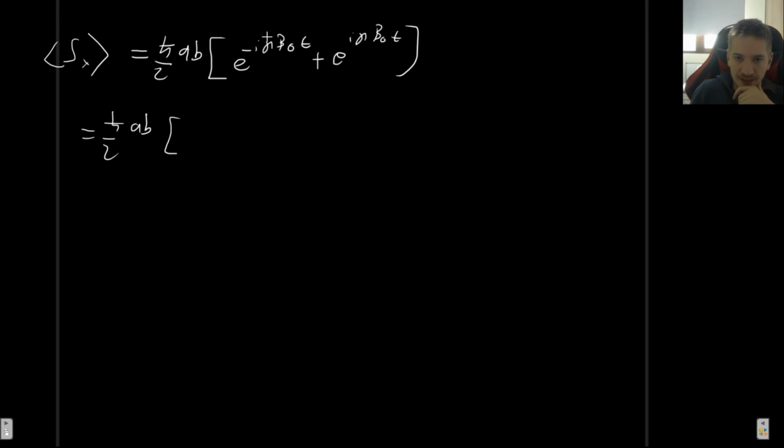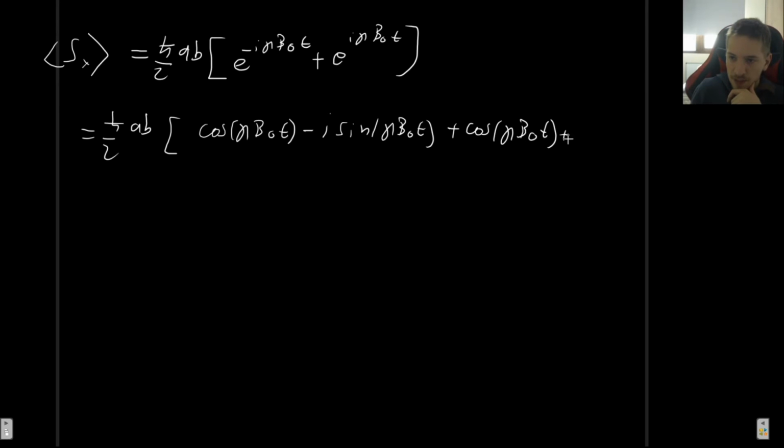So what it says is that, let's go for each exponential, this is simply the cosine of γB₀t, since it's an even function, so the minus sign goes away. And since sine is odd, we can put the minus sign outside, and we get minus i sine of γB₀t. For the second one, we get plus cosine of γB₀t plus i sine of γB₀t.